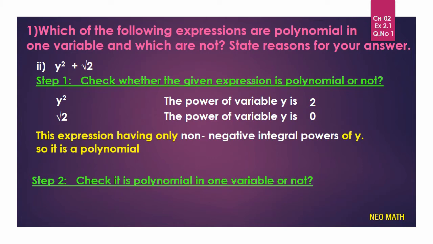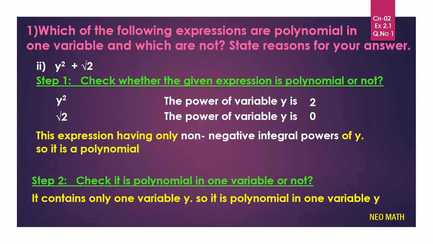This expression has only non-negative integral powers of y, so it is a polynomial. So we go to step 2. It contains only one variable y, so it is polynomial in one variable y.